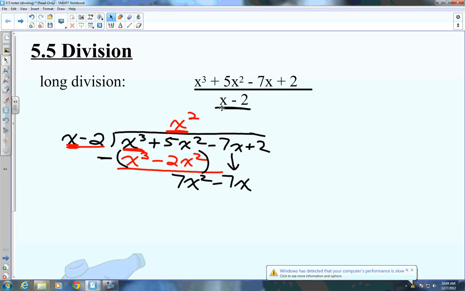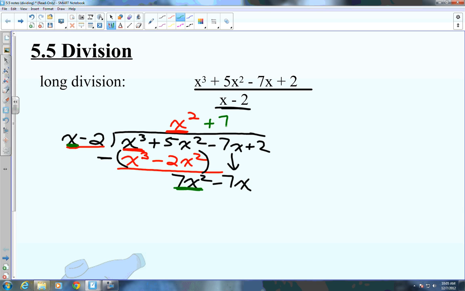Okay. Now, you look again at the first term in your divisor. That's an x. And you look at the first term in this next polynomial that we're looking at. So I say, what times x will give me 7x squared? So I say plus 7x.